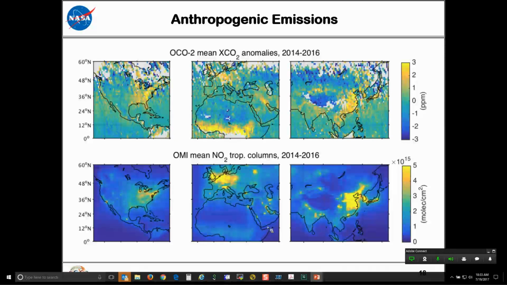There wasn't so much of an enhancement in NO2 seen over the Sahel region. This is primarily due to biomass burning. The CO2 enhancements there are enormous, but the fires are lower temperature.